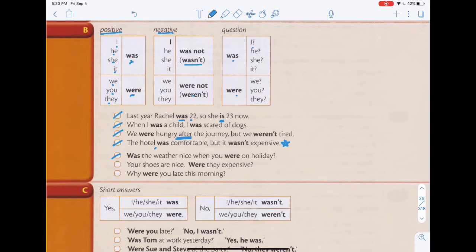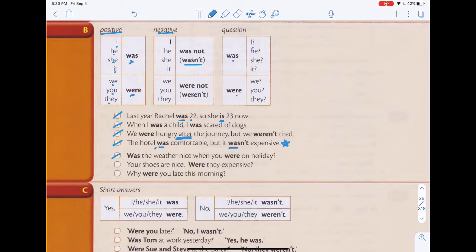But because you use was and wasn't, the hotel was comfortable, but it wasn't expensive. Because of the word was, the person listening can understand that what you're talking about already happened. It happened in the past.